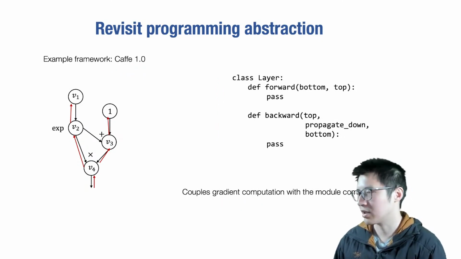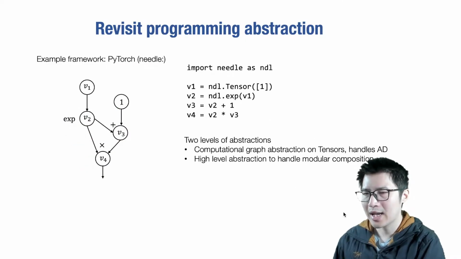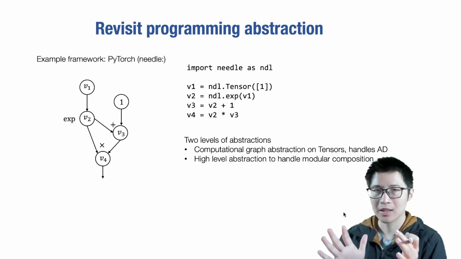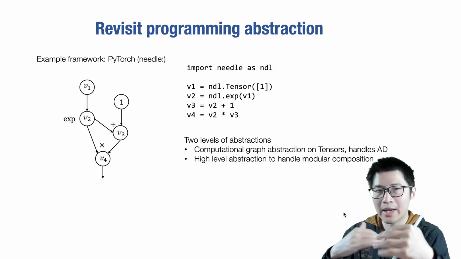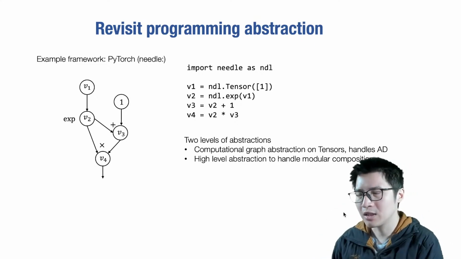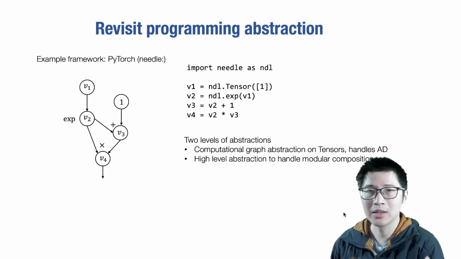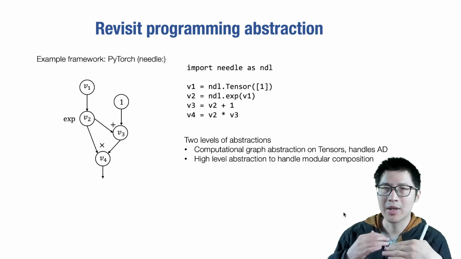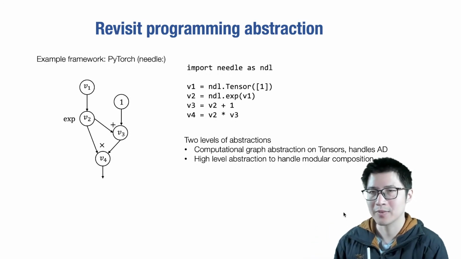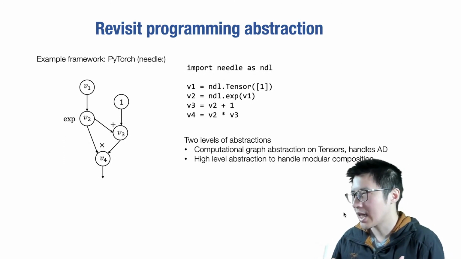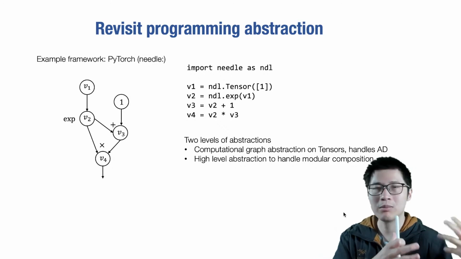One of the key observations that we make in Needle and in the second generation frameworks is that we can separate the gradient computation and module composition into two levels of API. In the case of Needle and PyTorch as well, the computational graph construction and automatic differentiation, or gradient computation, are handled by tensors and computational graphs among tensors. However, in order to compose things together, we introduce this concept of an nd.Module.